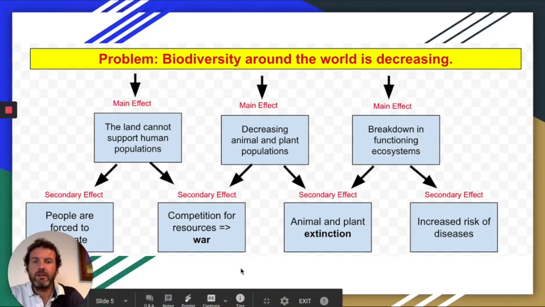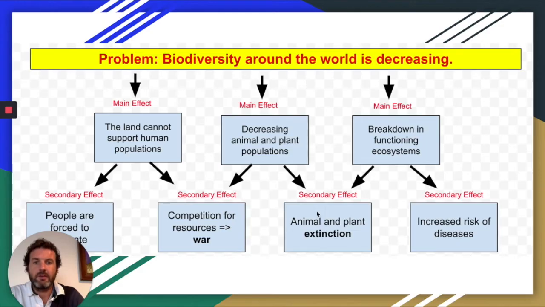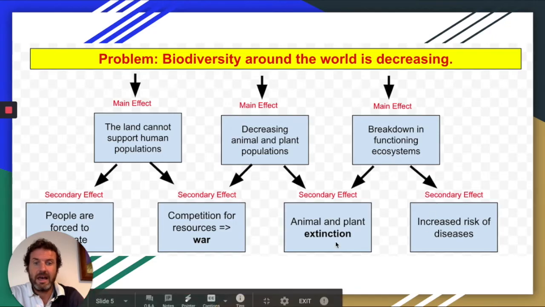So again, your effects may be slightly different to mine, but I just want you to see how a lot of these are connected. So if there's a breakdown in functioning ecosystems, then this can lead to both diseases and animal and plant extinction. So a lot of these effects are connected.